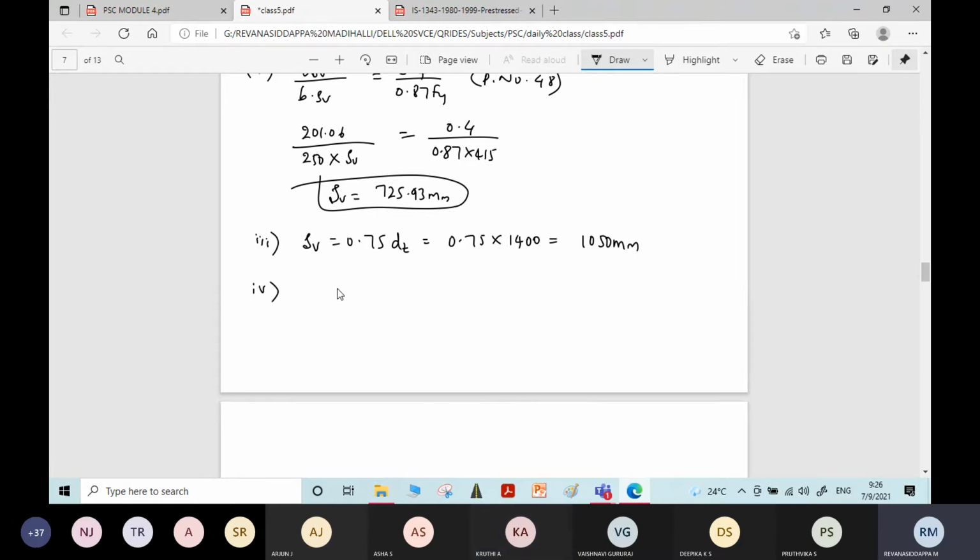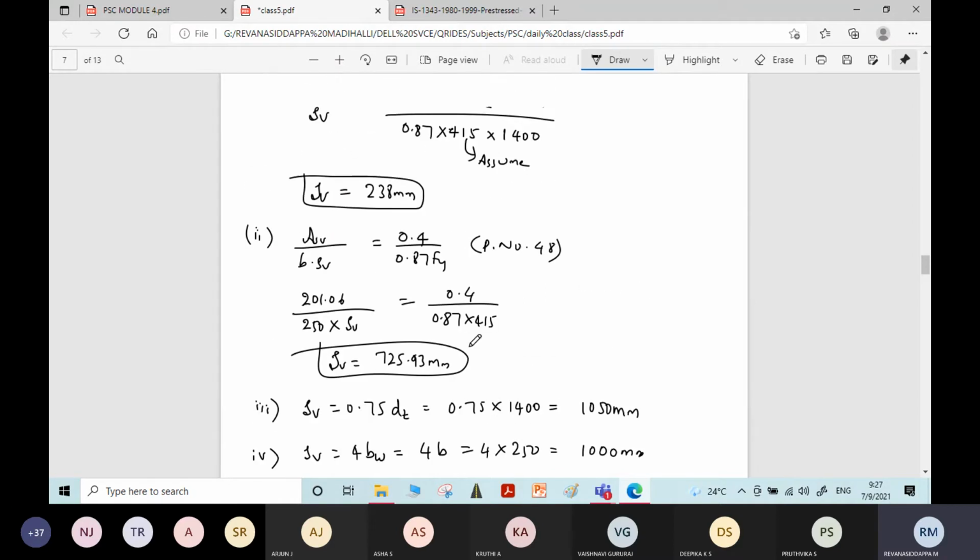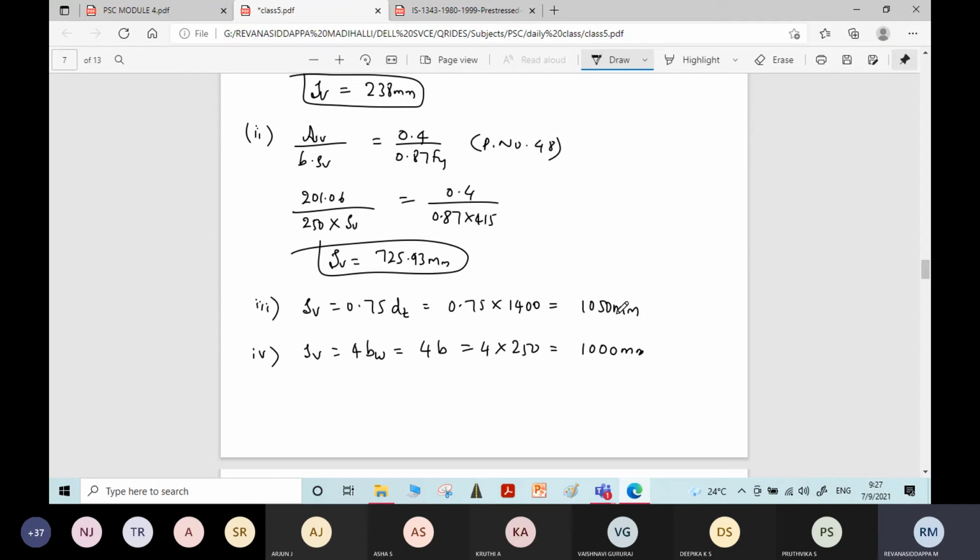And the last calculation, SV is equal to 4 times BW, width of web. It is not the plane section, it is a rectangular section. Therefore, you take 4 times B. 4 into B is 250. You will get 1000 mm. Okay. So, out of all these calculations, which is the minimum value? 238, 725, 1050, 1000. 238 is the minimum value that you consider as spacing.